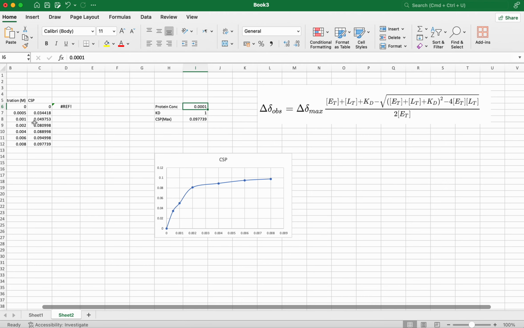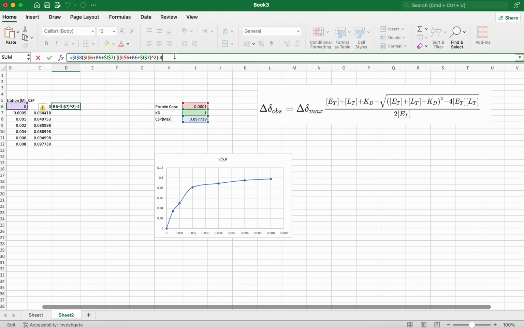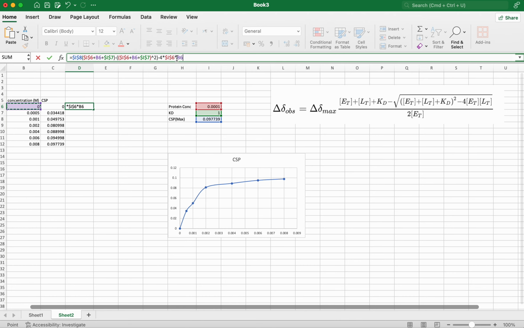So this is my protein concentration, with the dollar sign, times the ligand concentration.